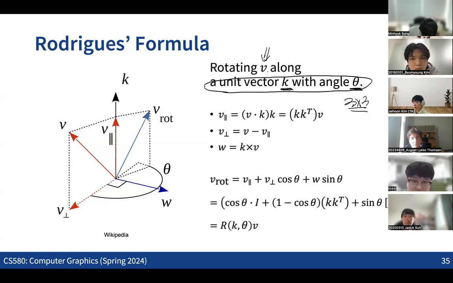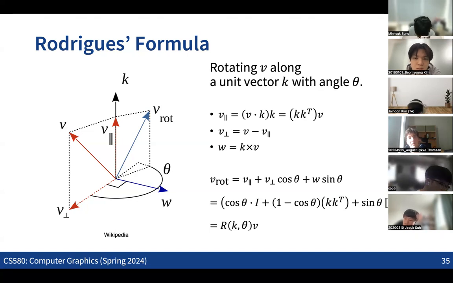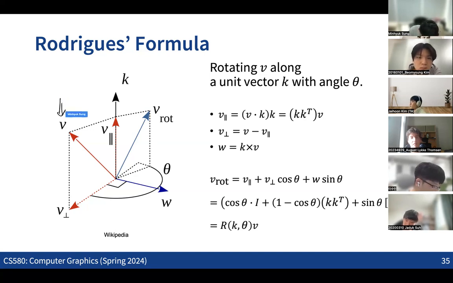So this is all about the Rodrigues formula. You can check out those details later. But briefly, what we are doing here is that for the given vector v, we can decompose this vector v into the part which is parallel to the vector k and the part which is orthogonal to the vector k. So given any arbitrary vector v, we decompose it into two parts.